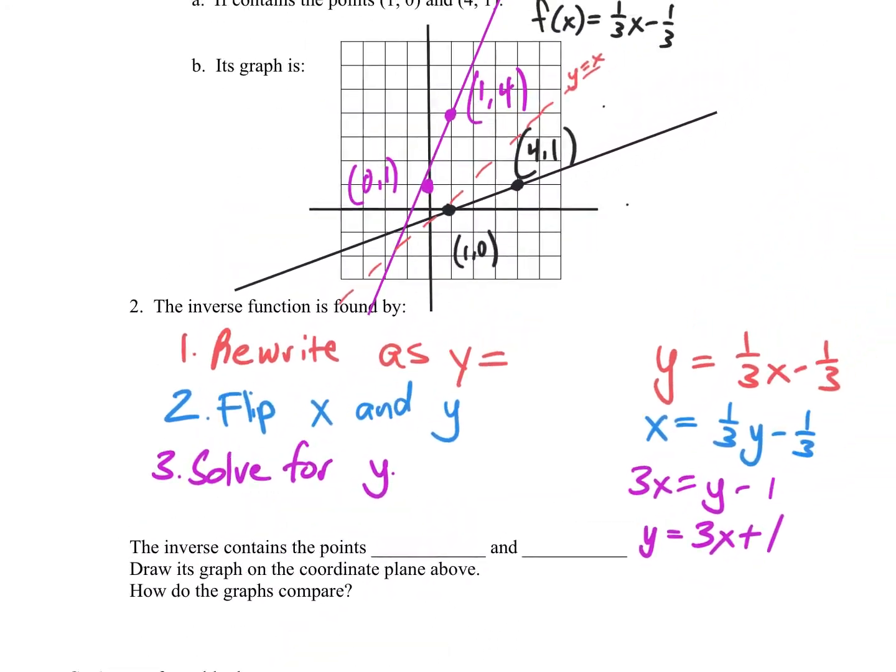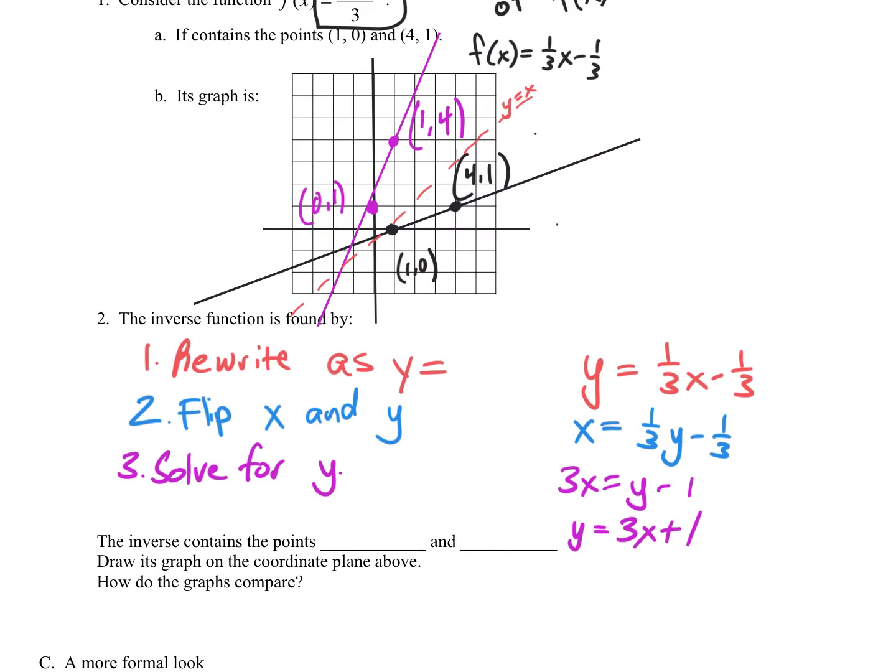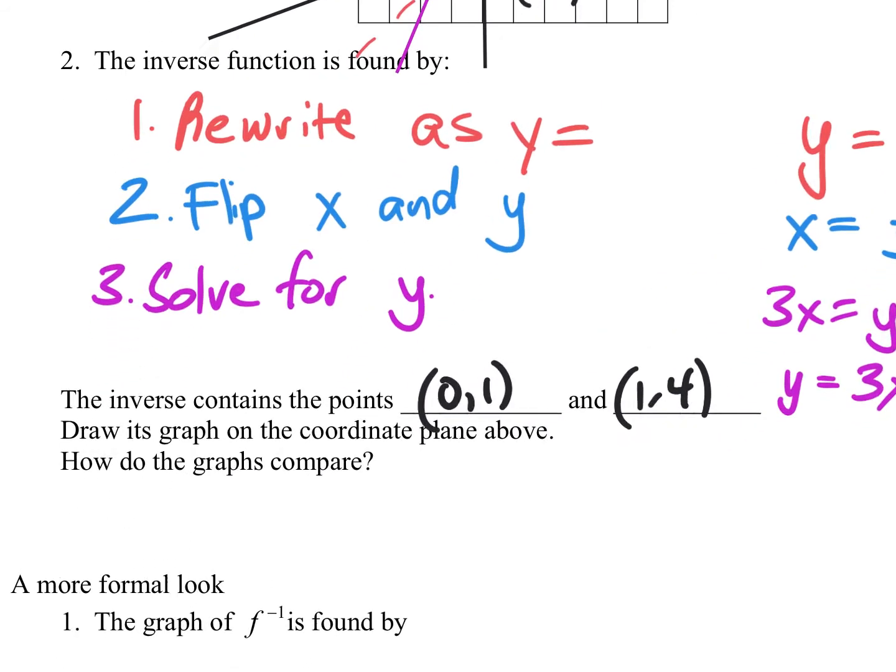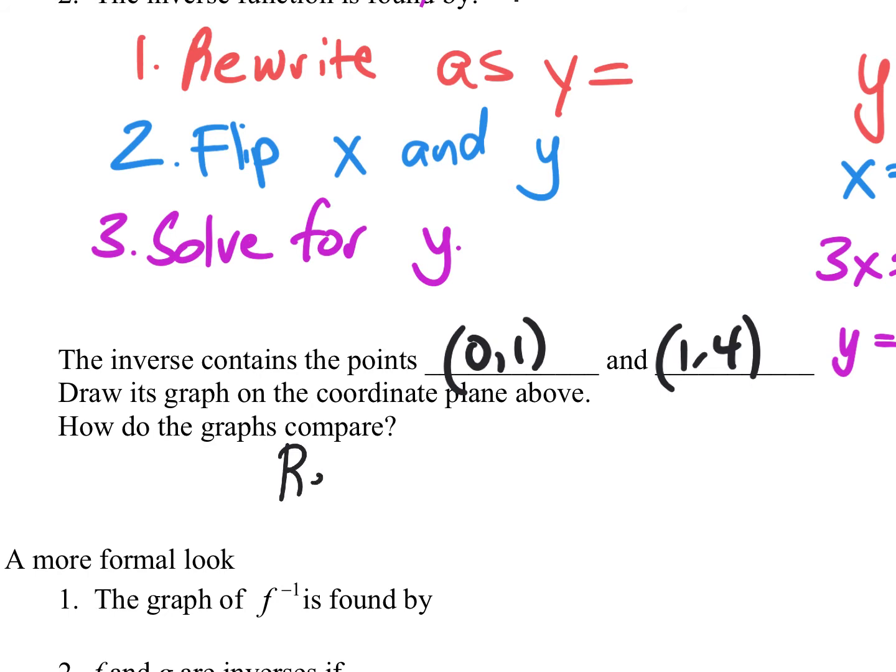So if the original contained 1, 0, and 4, 1, the inverse contains 0, 1, and 1, 4. We've now drawn both of these in, and we can see it's a reflection over the line y equals x.